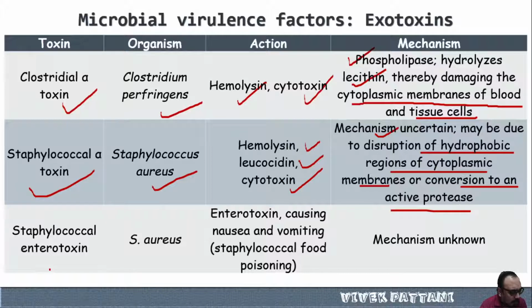Now comes the staphylococcal enterotoxin. The organism which produces it is Staphylococcus aureus again. The action is of an enterotoxin which causes nausea and vomiting. The mechanism is unknown.